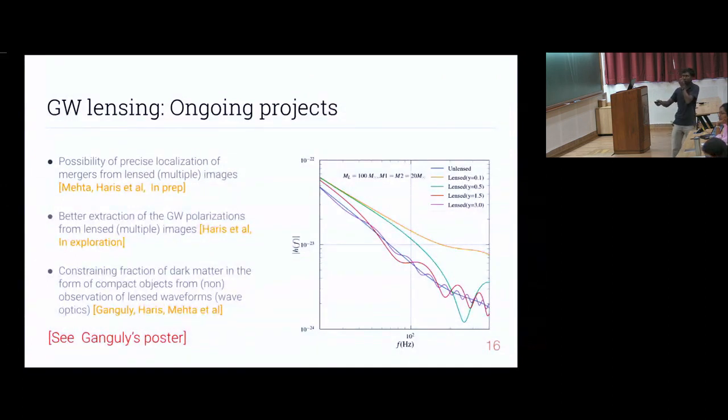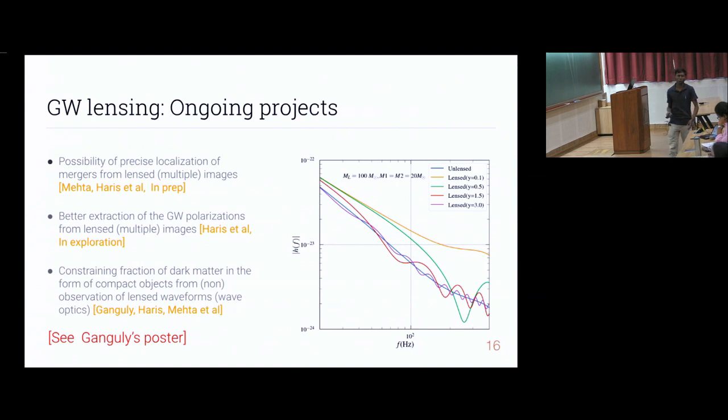Then there are a couple of projects running based on gravitational lensing. If you observe multiple images of the same binary black hole merger due to lensing by galaxies, then this can be used to improve the parameter estimation of such events.